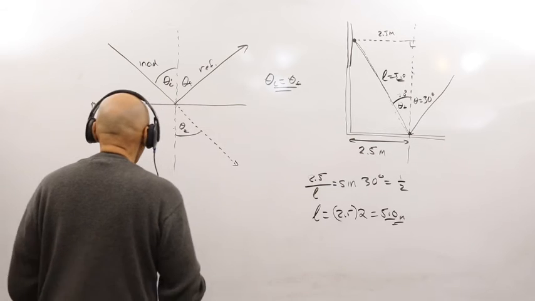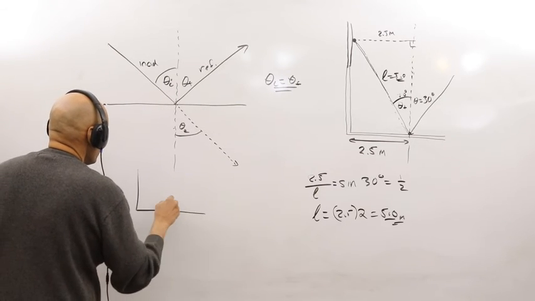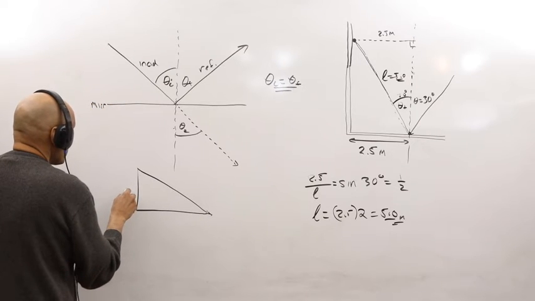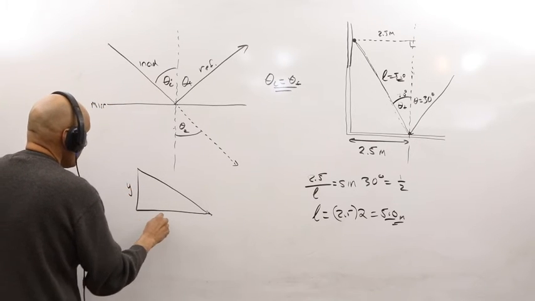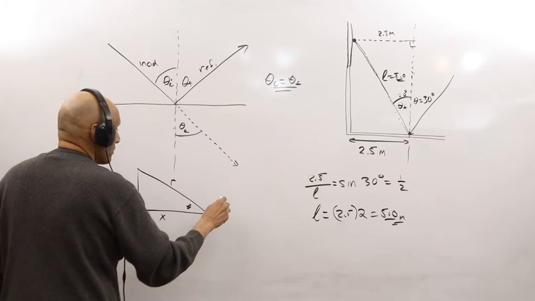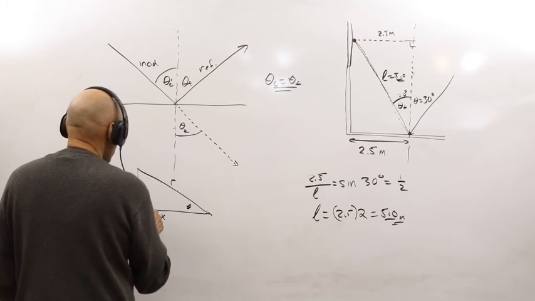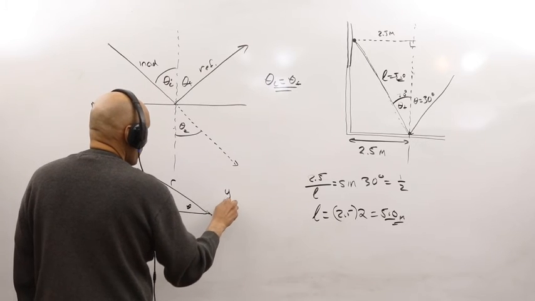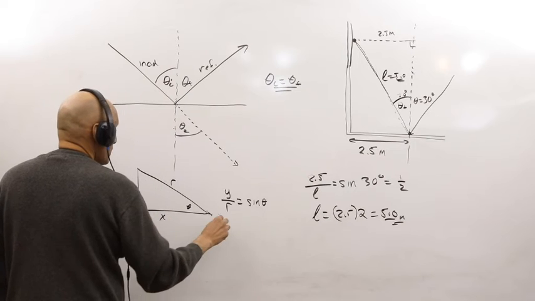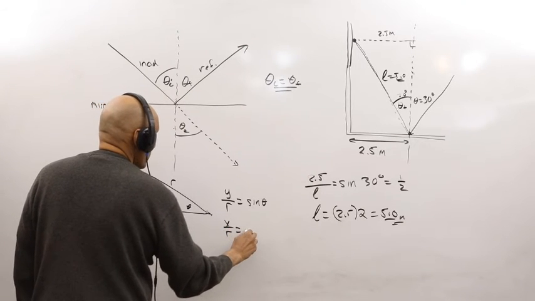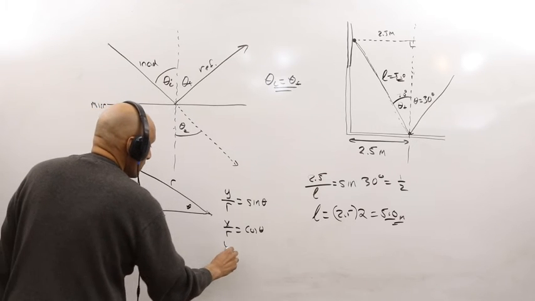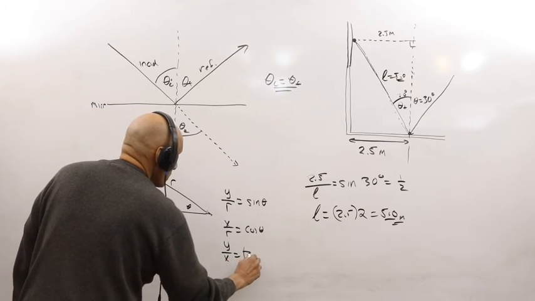Just to remind you, if you're given a right-angled triangle, let's call these y, x, and this is r, and this is theta. So remember, you have to memorize these things. The ratio of y to r is sine of theta, and the ratio of x to r is cosine of theta. And of course, the ratio of y to x is tangent of theta.